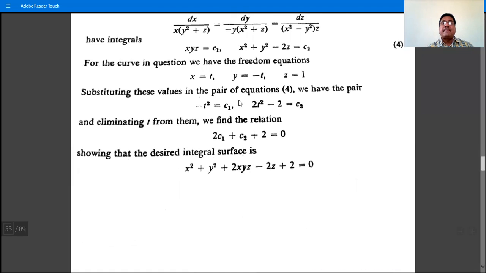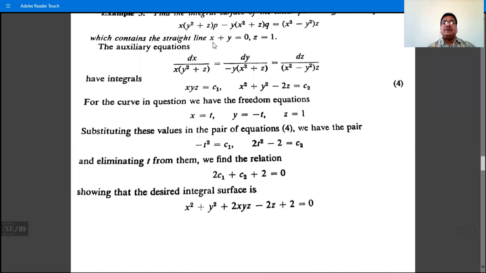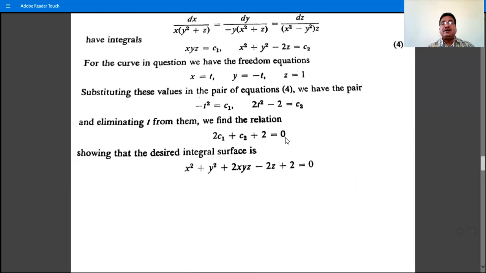Then x plus y is equal to 0, so take x as t, y as minus t, and z as 1. Substitute these values of x, y, z in equation 3 and equation 4, and find the relation between c1 and c2, which is free from x, y, z.